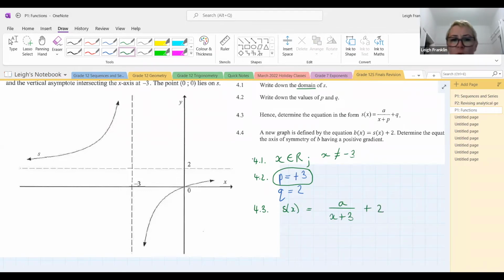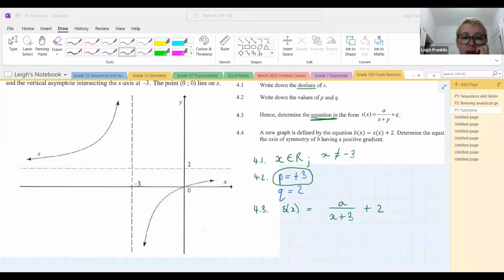Right? So if they want us to determine the equation of S of X, what are they really asking us to solve for in this question? A. Exactly, Kanisile. Okay, they want A from us, quite right.